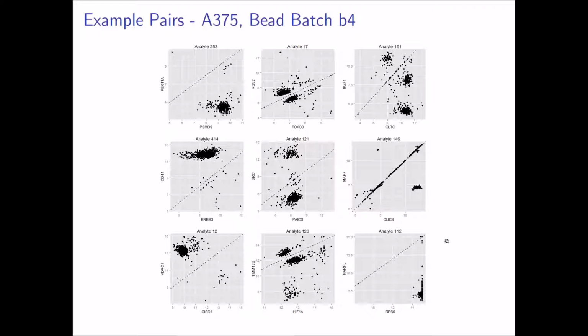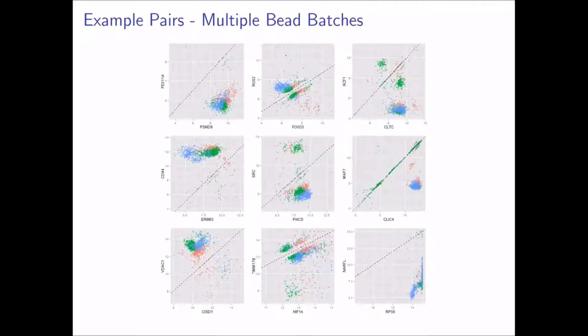So if you look at this for more than just bead batch B4, I did the three largest bead batches, which are B3, B4, and B7, plotted here. B4 is in green, B3 is red, and B7 is blue.